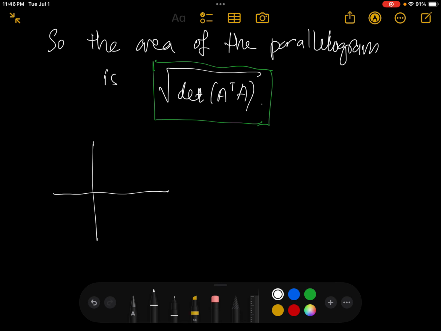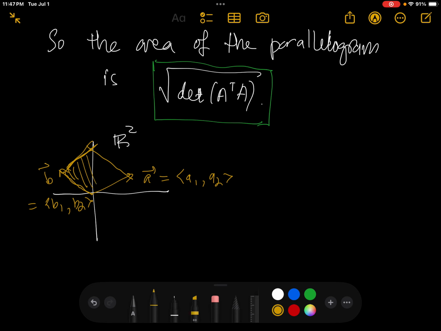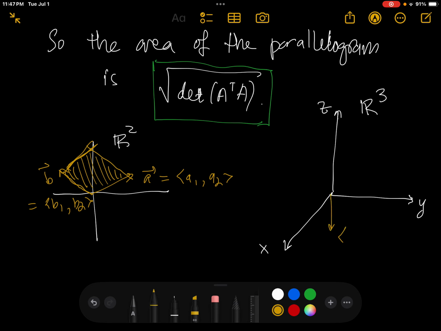Let's say you have A and, I don't know, let's say this is B. If your first vector is A1, A2, and your second vector B is B1, B2, and you get this parallelogram, and you want to find the area, you can look at the corresponding picture in R3, where you have the x-axis, the y-axis, and the z-axis, and you just look at A1, A2, 0, and B1, B2, 0.